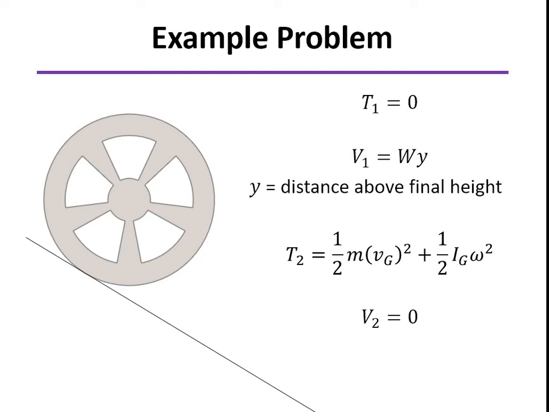Again, it's not different from work and energy, but we can think of the stored energy from having the weight at a height being converted into kinetic energy as it drops over that distance y. And of course, there's only one independent variable here because the velocity of the center of mass is related to the angular velocity.